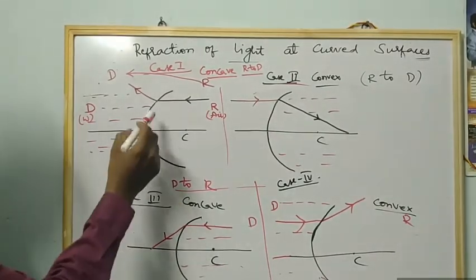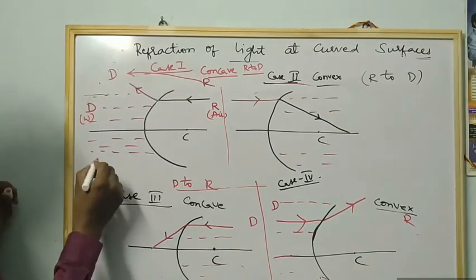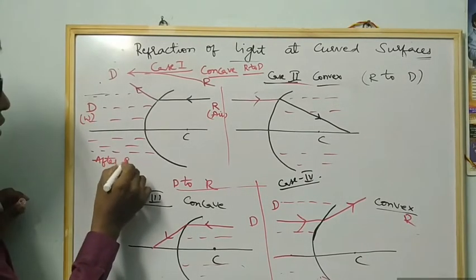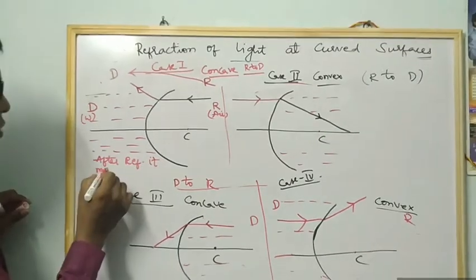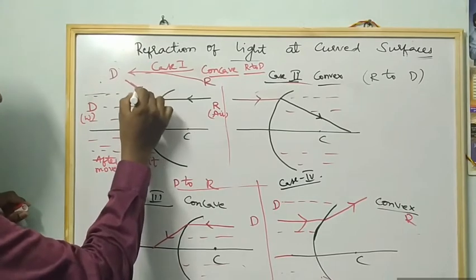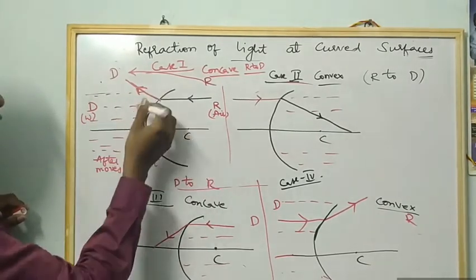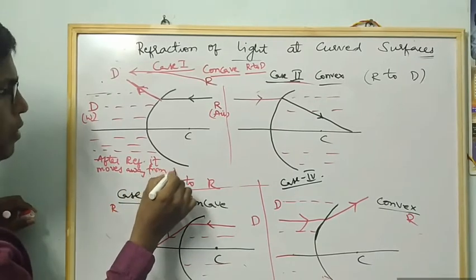Now what happens? After refraction, you know that the light ray will refract. But here, after refraction, it moves, see here, it was going in this direction. Principal axis is here. It is moved away from the principal axis.